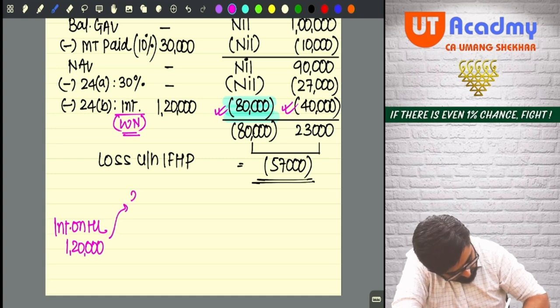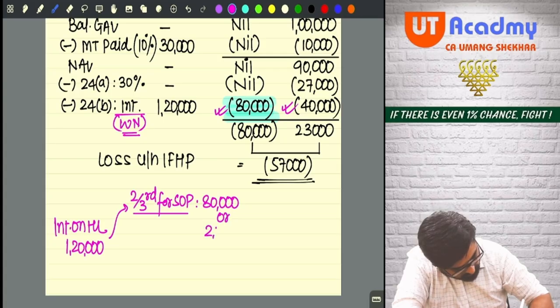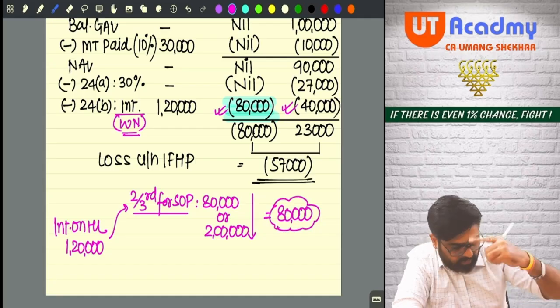Out of this, 2/3 is for SOP, and that amounts to 80,000. It will be allowed subject to maximum 2 lakhs, whichever is lower. So 80,000 deduction from SOP portion, which I have written over there.